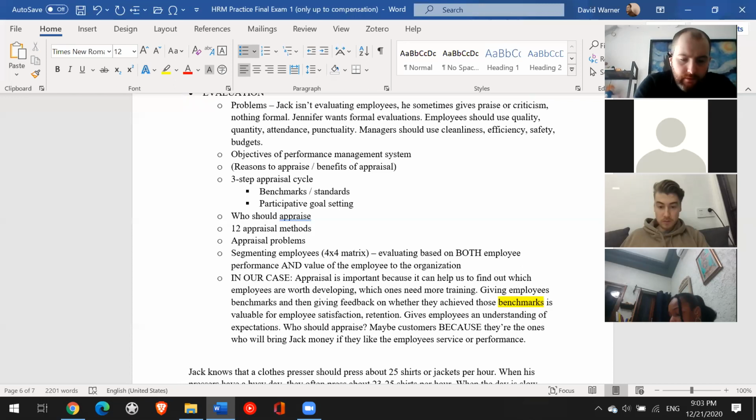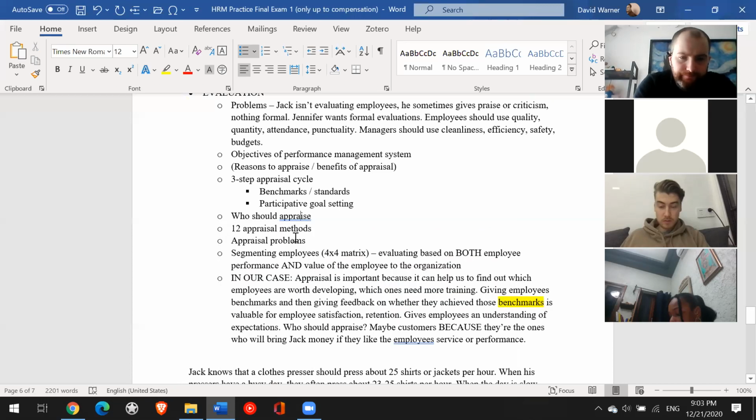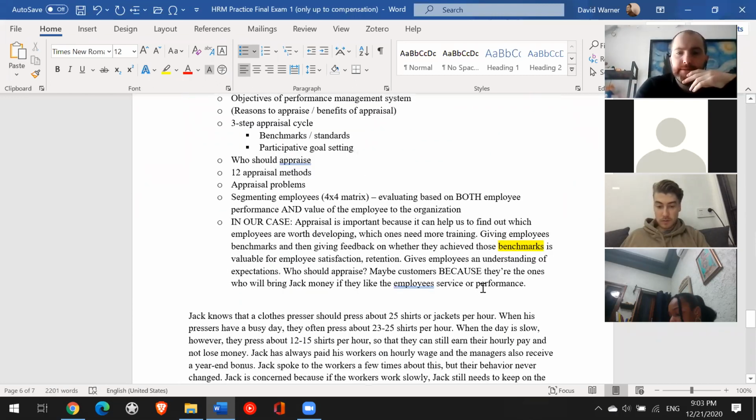But I think one of the big questions here is which of the methods would you use and why? To me, a big part of the point value in this evaluation part is going to be, can you explain which method you would use and why? So give me some thoughts on a method you would use and why.